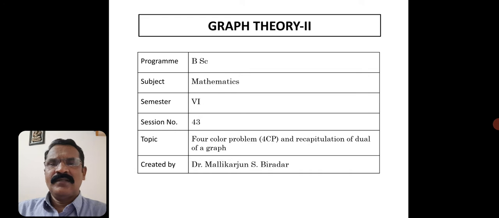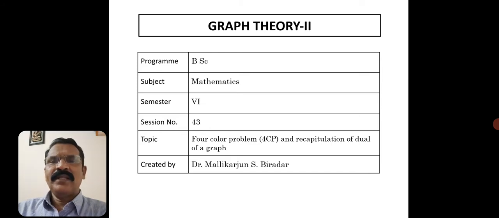Because two states which have a common boundary are called adjacent states. If we color them with the same color, you cannot identify them. So for that reason, adjacent countries or adjacent states must have different colors. That is the coloring of a map.